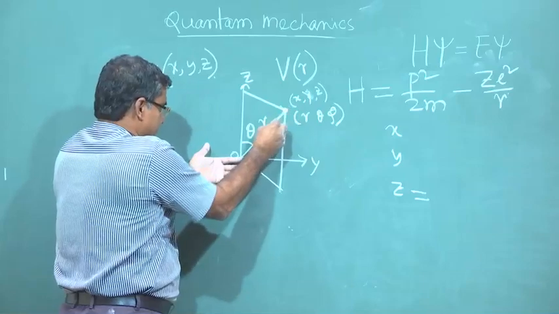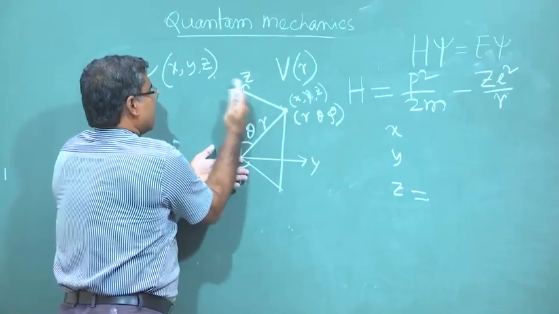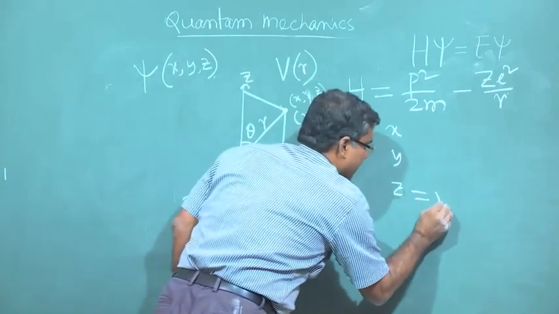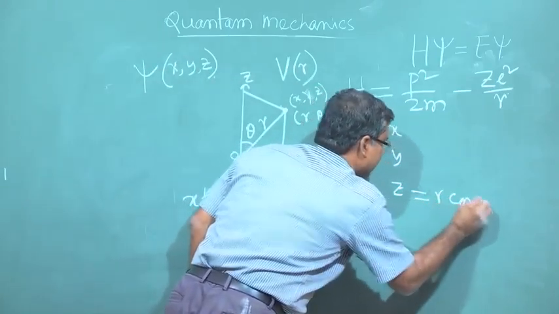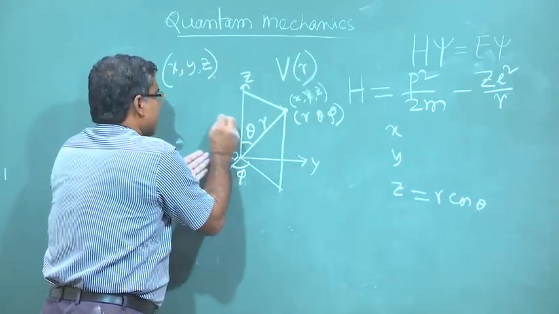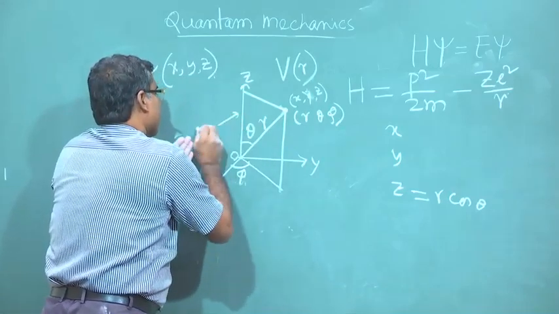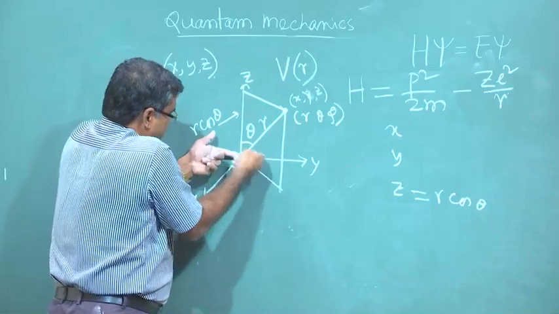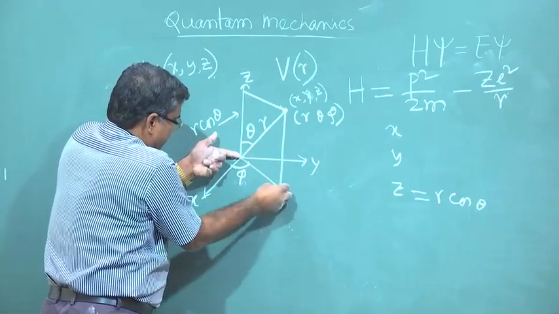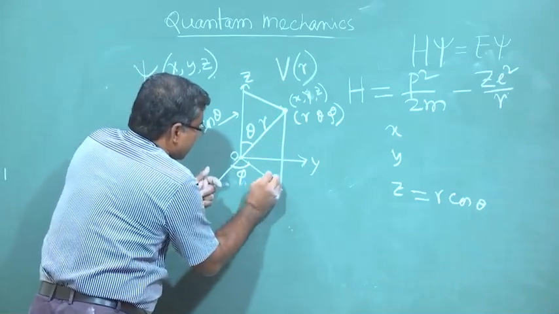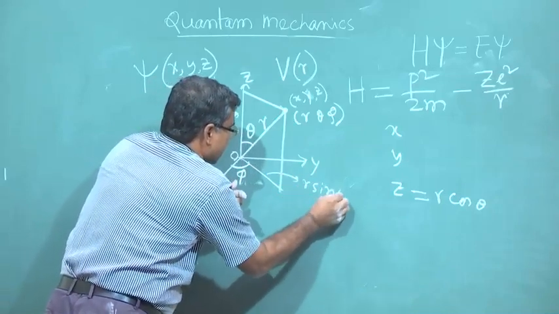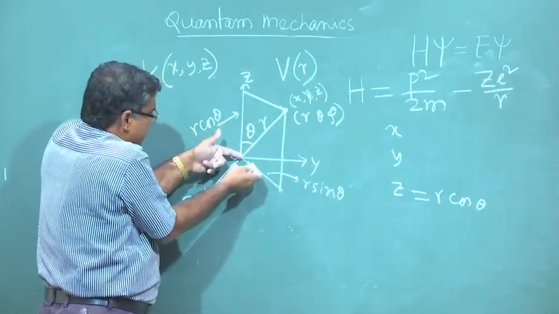So if it is r, then r cos theta will be z. This is r cos theta, and this will be r sin theta, because this angle is 90 minus theta.